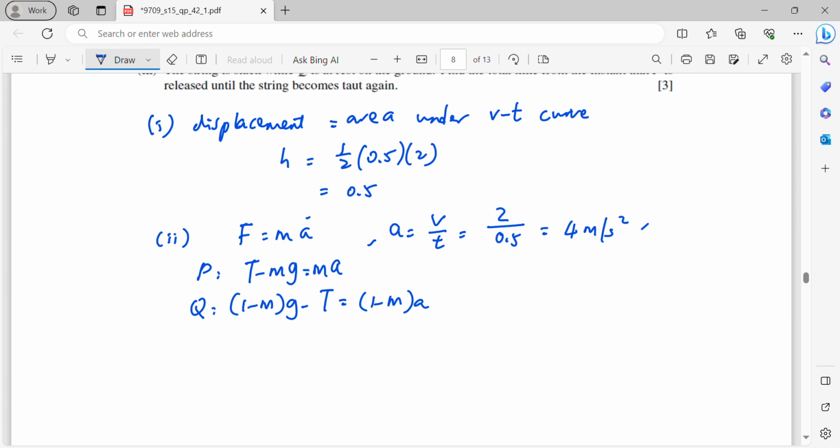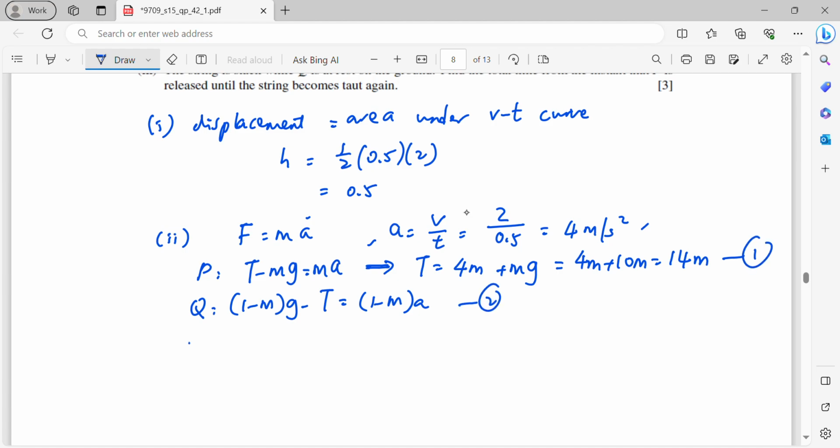a is 4. That means for the first equation, I get T equals 4m plus mg. Remember g is 10, so it will be 4m plus 10m. At last, you are getting 14m. That is our T. Let this be the first equation, and this the second equation.